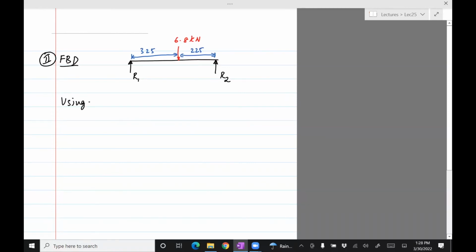Using summation of forces in the y direction is 0 and summation of moments at some point equals 0, gives me R1 equals 2.78 kilonewtons and R2 equals 4.02 kilonewtons.